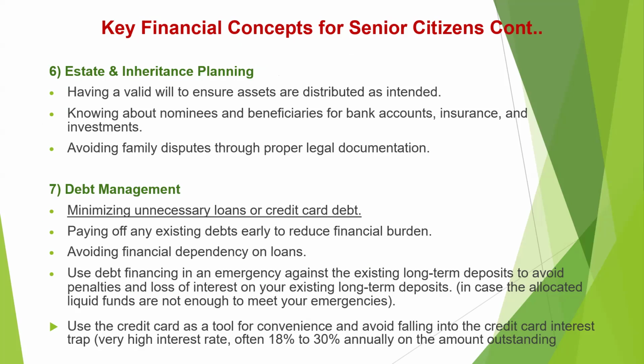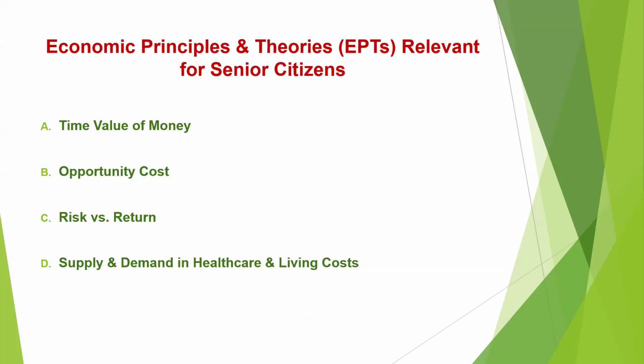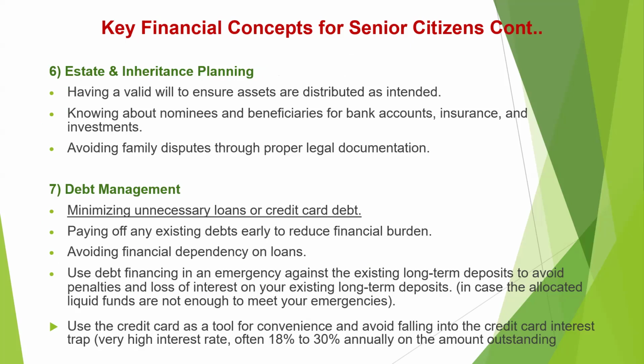So they will settle the minimum amount. So the balance amount will be exposed to somewhere closer to 18 to 20% credit card interest. So that is basically a trap, right? Then they have to get another loan to settle the credit card. So that is not sustainable.